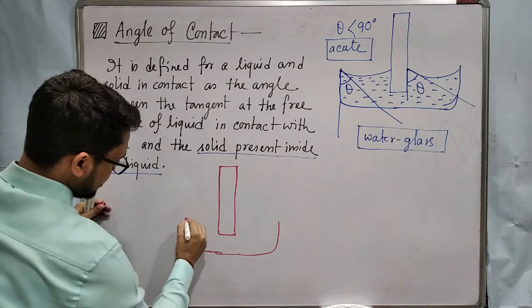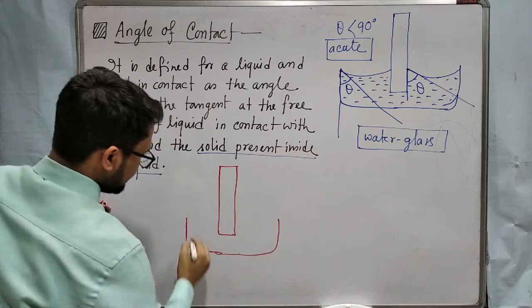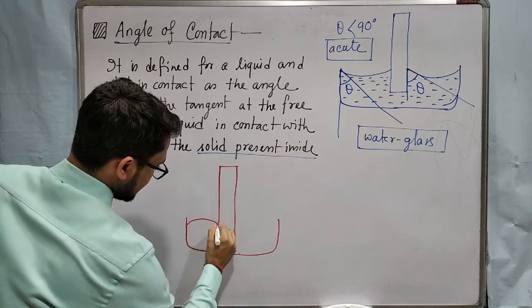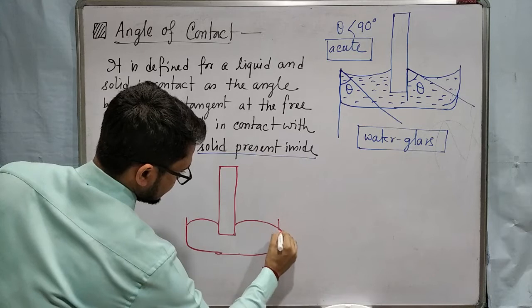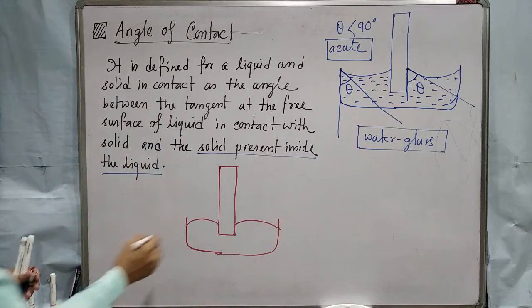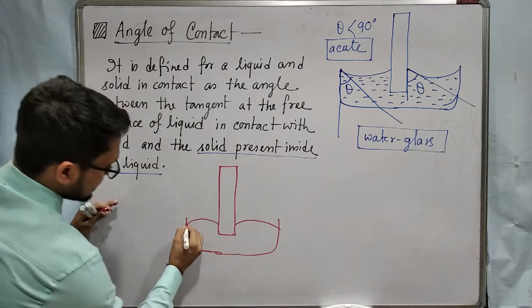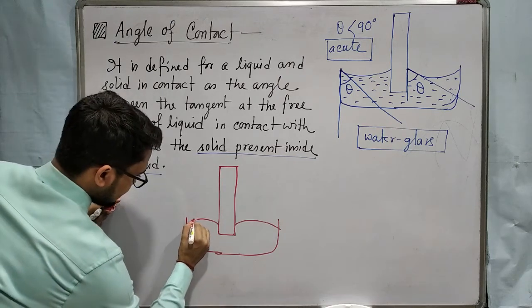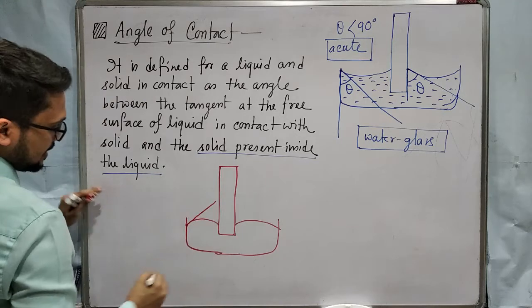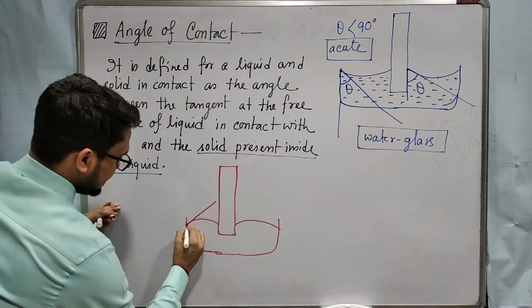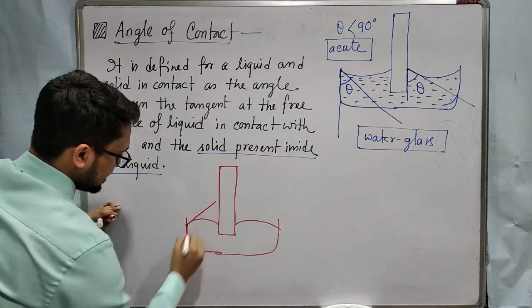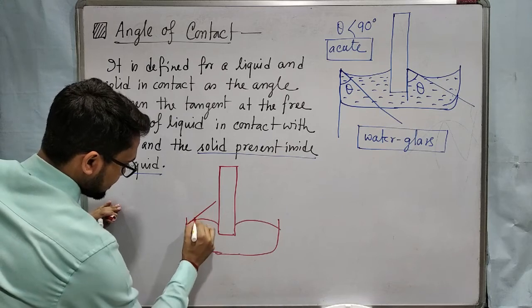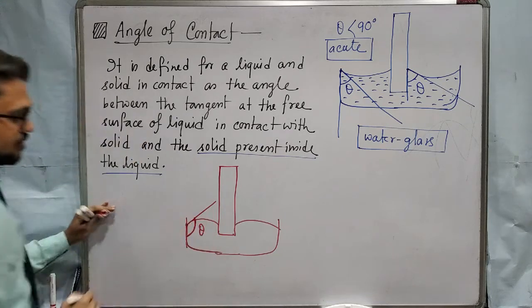In case of mercury, how will it look? It will look like this. Clear? This is the mercury. So at this point you want to draw the angle of contact. So draw the tangent, and this is the solid present inside the liquid. So this is the angle of contact.